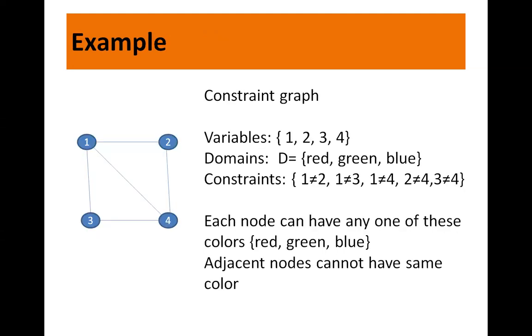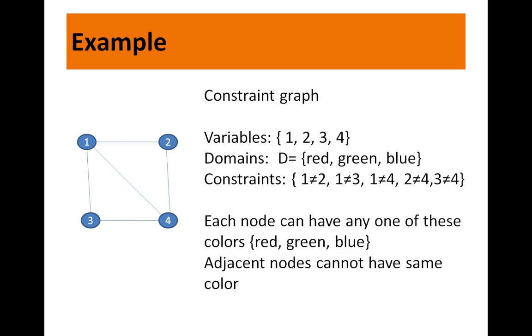Let's take a very simple constraint graph example. Here I have a problem converted into a constraint graph where I have four nodes, and the edges between the nodes represent the constraints, right? Now, if you represent it using CSP, then you again have the three-tuple: variables, domains, and constraints. What are the variables here? Variables here are 1, 2, 3, and 4.